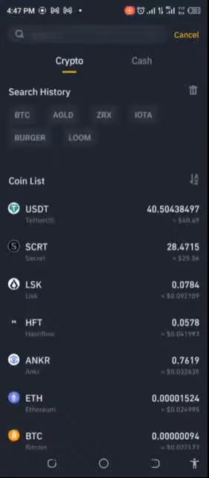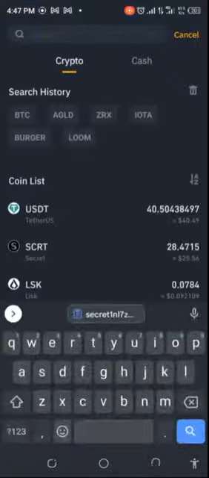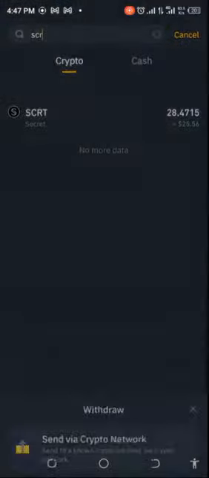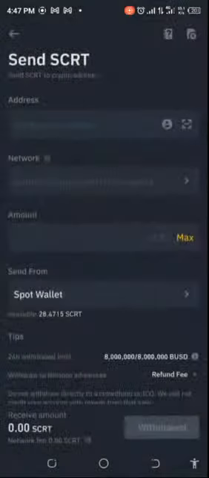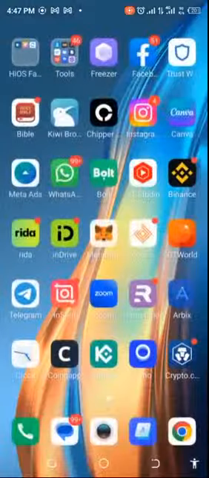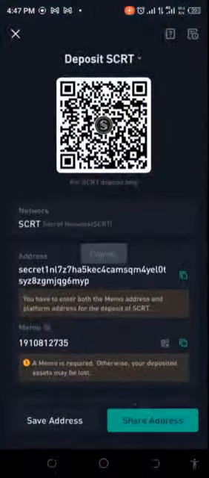So we are going to withdraw this. We are withdrawing SCRT. As you can see, the amount is there, so we just have to put in the address, and then we also need to put in the tag. Okay, let's check what the tag is telling us.